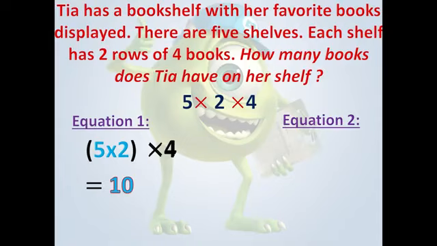Equals 10. Did I finish? No, not yet. I have to multiply 10 by 4, the last number. 10 by 4 equals 40. That's easy. Now let's solve equation number 2.